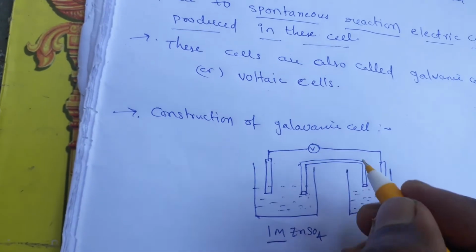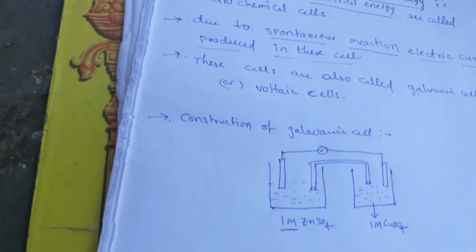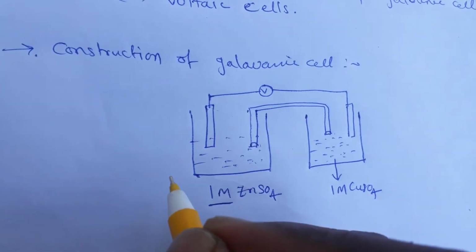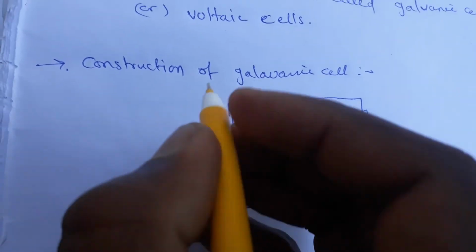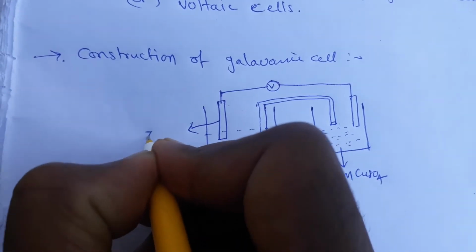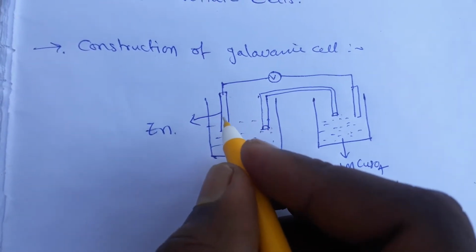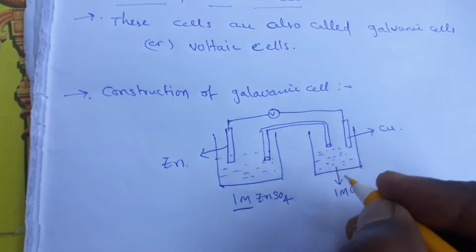So the electrodes, if you see here, zinc is going to lose electrons and convert into zinc 2+ ions. So it is a zinc electrode, inserted into zinc sulfate solution. Here the copper electrode is inserted into copper sulfate solution.